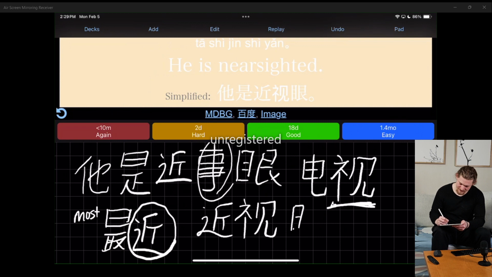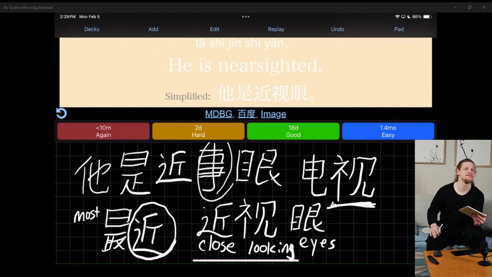and 眼 means eyes. So he has close looking eyes, or eyes that are good at looking at things up close.